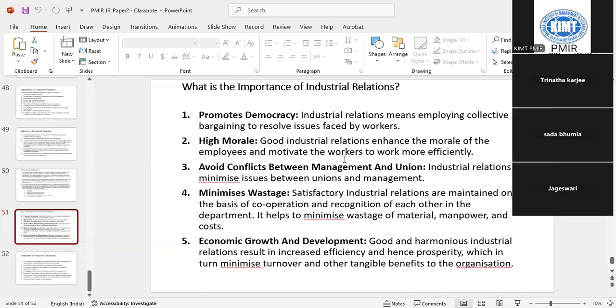We'll continue to discuss this in the next class. So all these things, what you are discussing, what you are listening, the objective, the nature, the advantages, and we're going to discuss the importance. More or less, these are all the same.